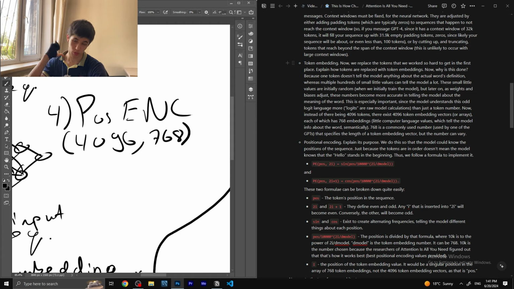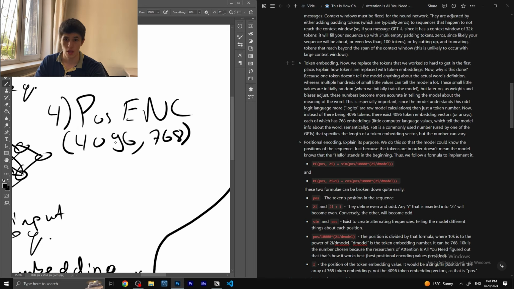So 4,096 would mean 4,096 embedding vectors of 768 token embeddings. And we do positional encodings on them.